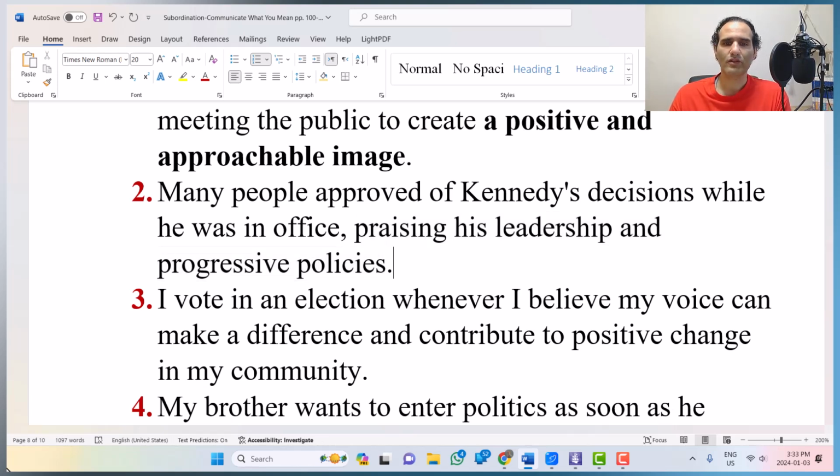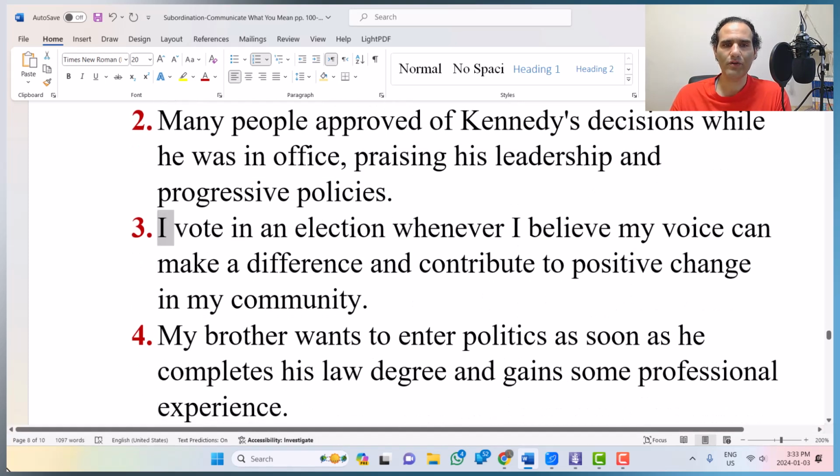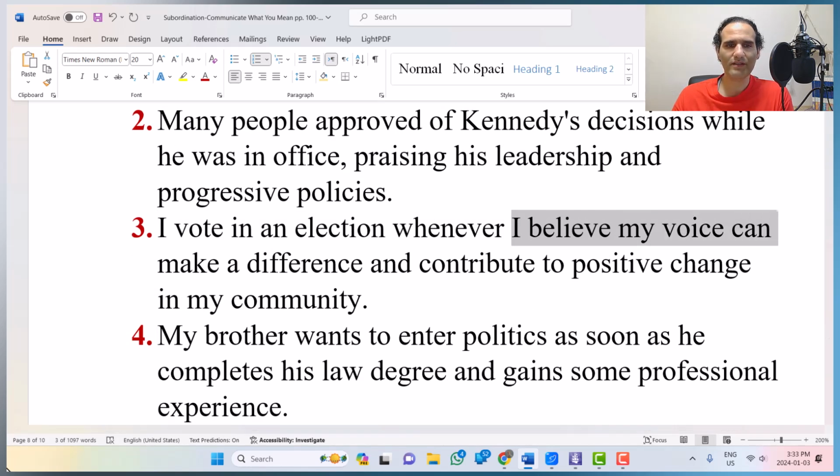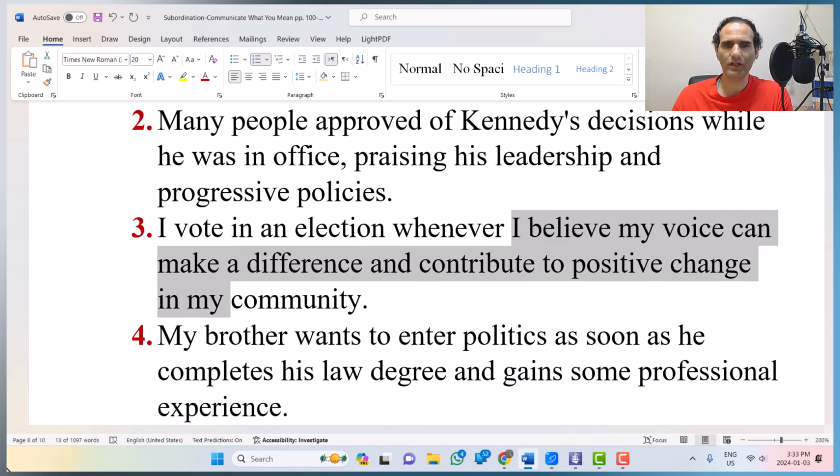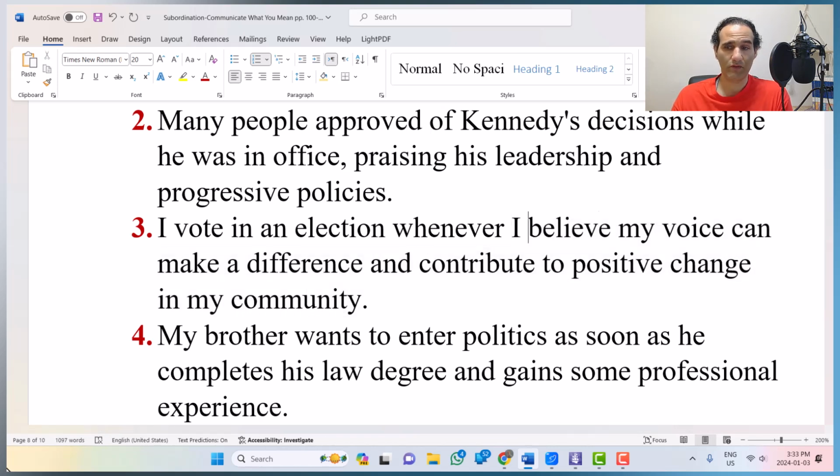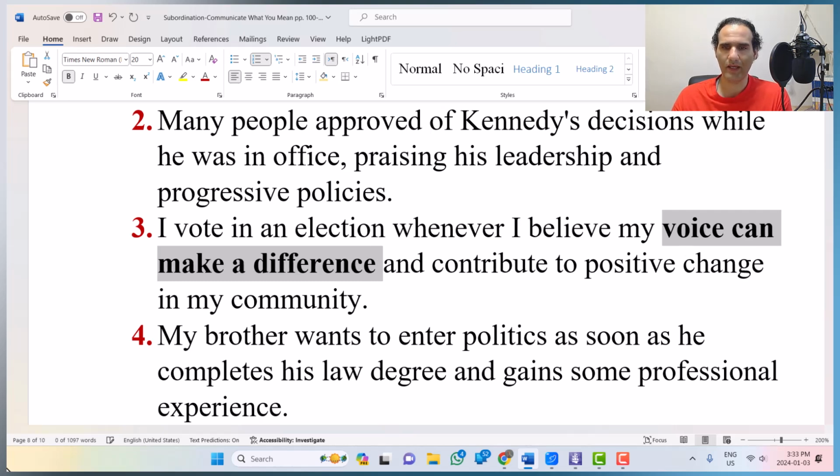Okay, so be with me. Number 3, I vote in an election whenever I believe my voice can make a difference and contribute to positive change in my community. Very beautiful. Beautiful. And contribute to, help.